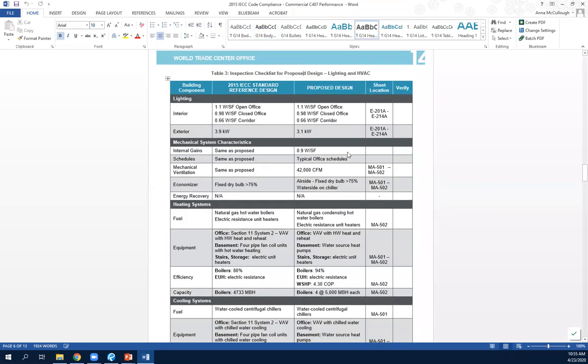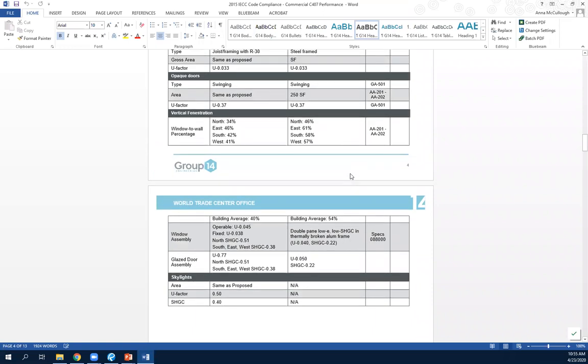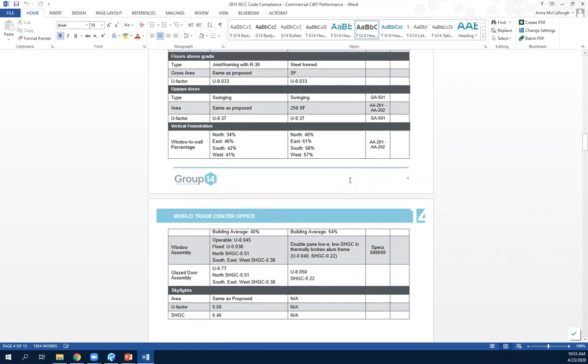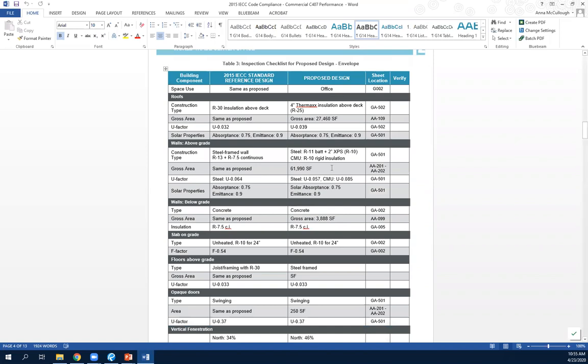Yep, I do. It's a question a lot within the city. So your inspectors go on site and they are saying, hey, this assembly, this window or this insulation assembly isn't what's prescribed in the code. What are you doing? Gotcha. So this is the letter that we suggest you guys provide so that they can say, all right, in the proposed design, it's on sheet GA 501.